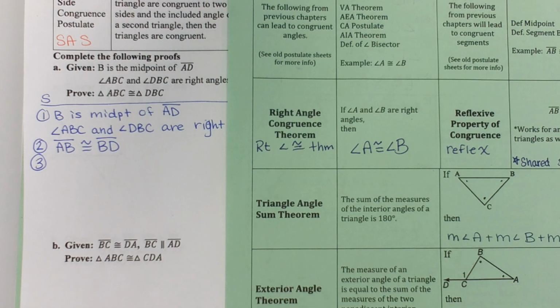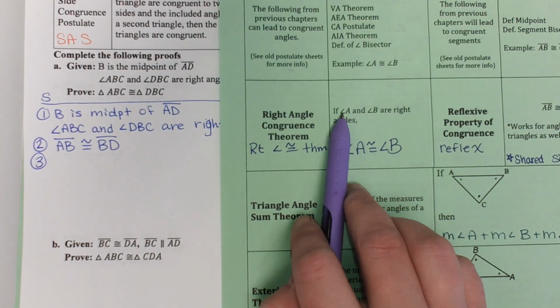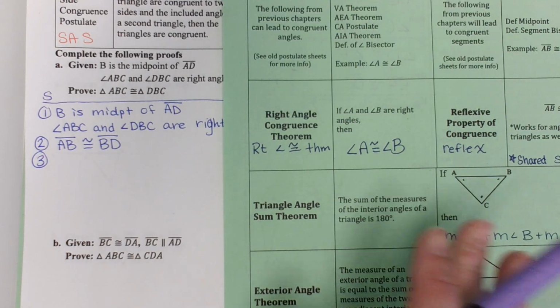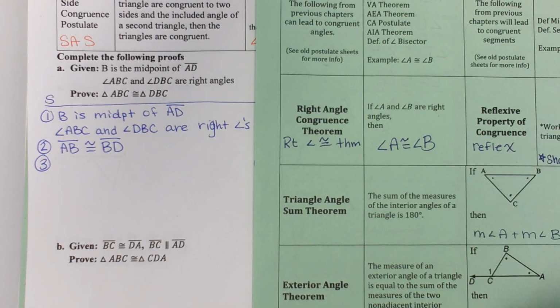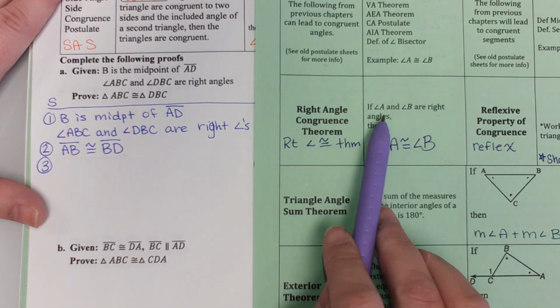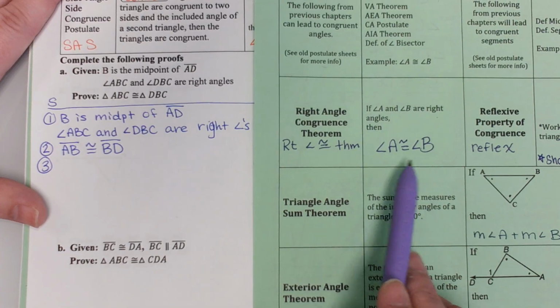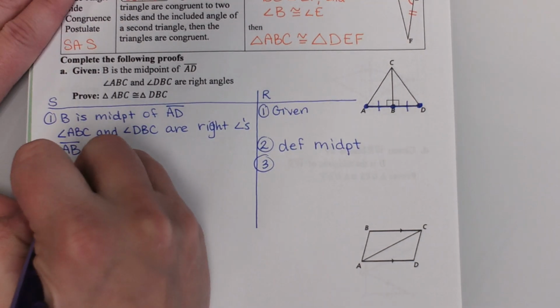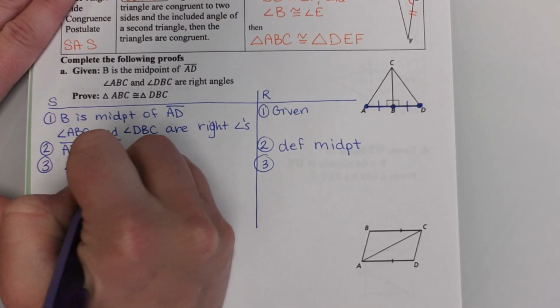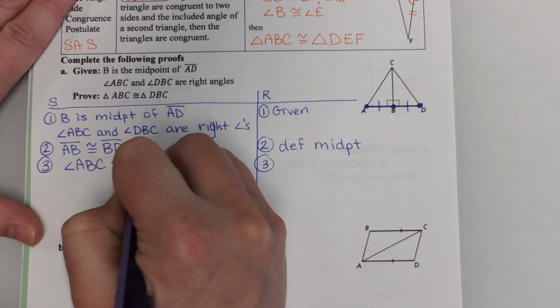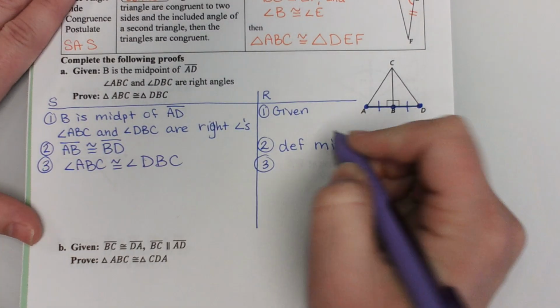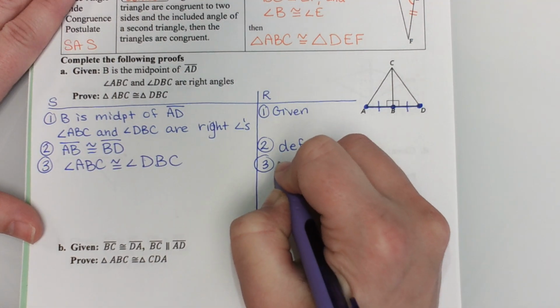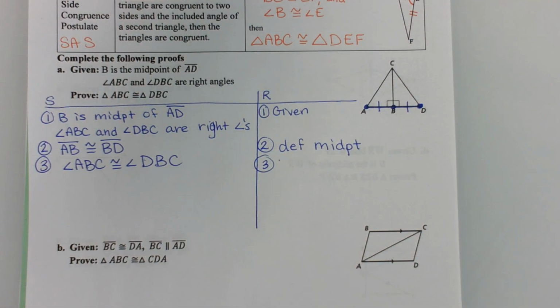Green sheet gives us a situation where we're told two angles are right angles. Were we told two different angles are right angles? Yes. According to this, if two angles are right angles, then they are congruent. Angle ABC is congruent to angle DBC. According to our green sheet, what theorem or postulate did we use?